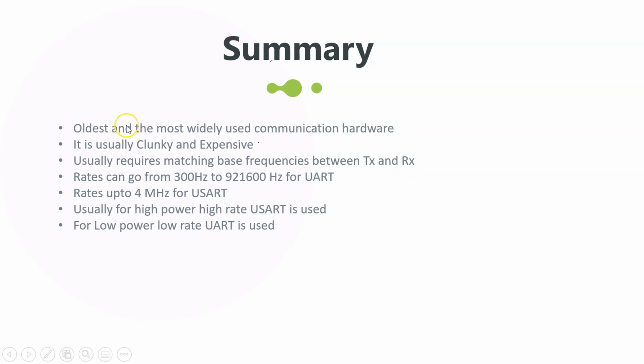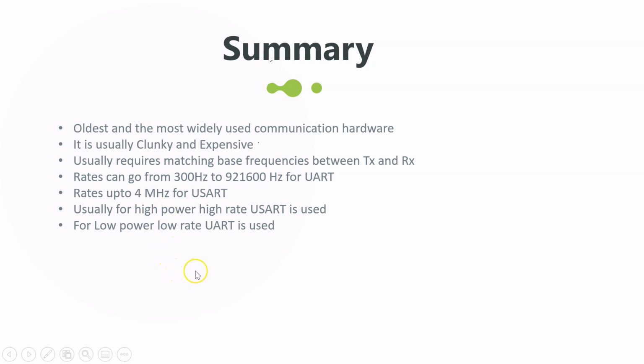Even though it's clunky and expensive in terms of pins, because you need TX and RX for transmit and receive, and it's a point-to-point connection, unlike a star connection as in I2C or some other protocols where you can minimize the number of wires to different sensors, it's usually very easy to set up, and hence the popularity.